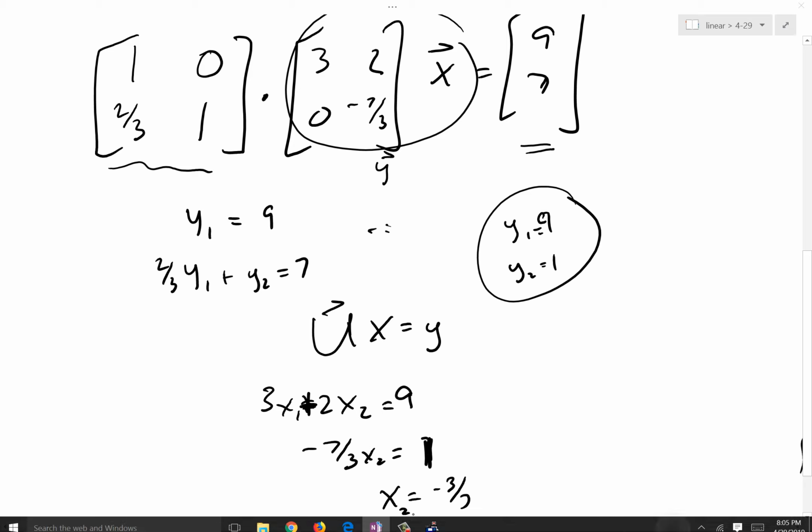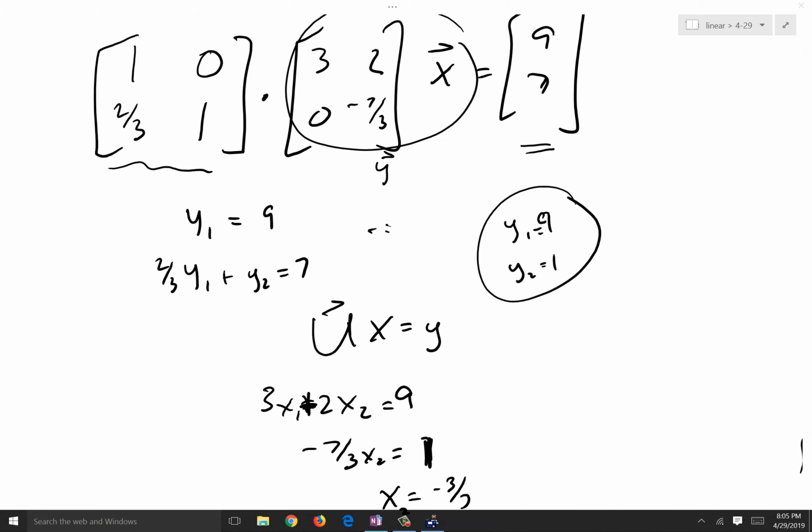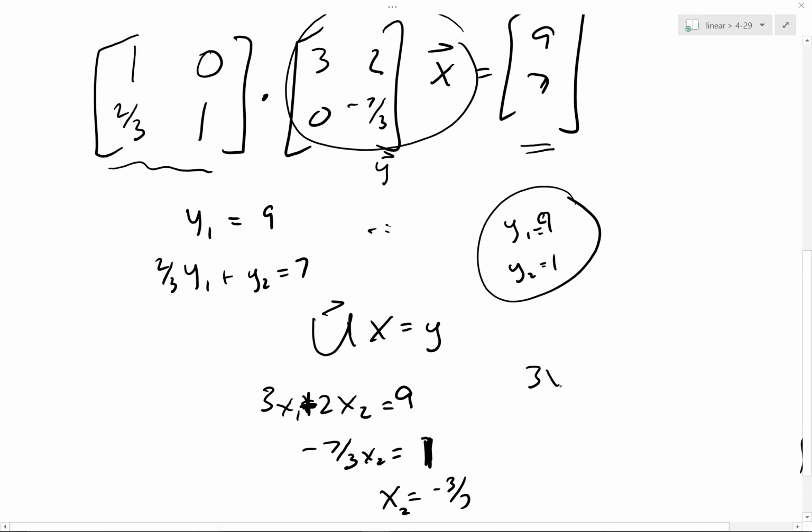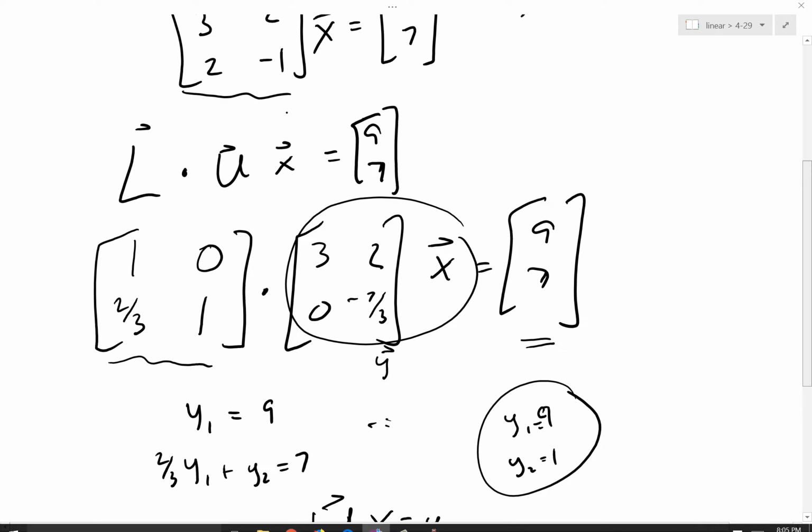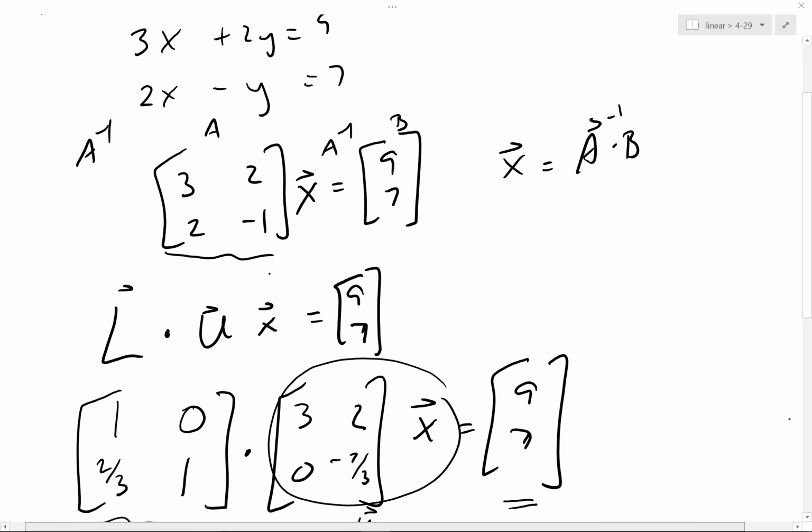And this is just a gross problem. Then 3x1 minus 6/7 is equal to 9. This would be 63/7, so 69/7. x1 is 23/7, if I did it right. Now, this is ludicrous. The time you take to do all that, absolutely ridiculous.